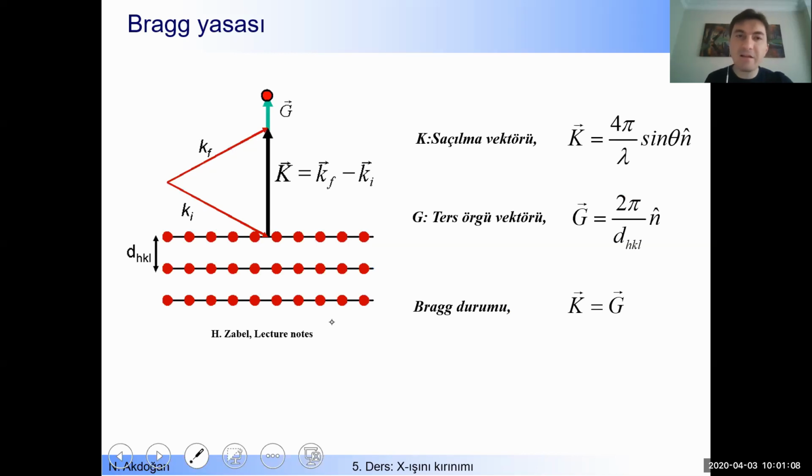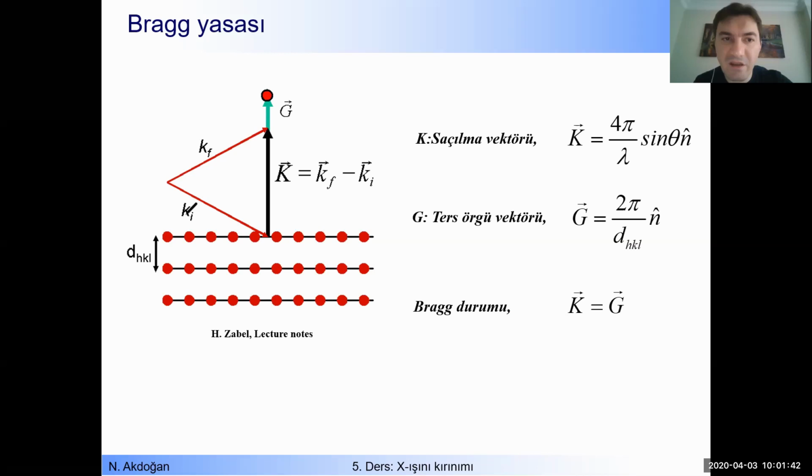So now let's try to get the same formula by using the scattering vector and also the reciprocal lattice vector. You know that information from the solid-state physics lectures. Here we have the incoming X-ray or incoming photon, okay, incoming electromagnetic wave.